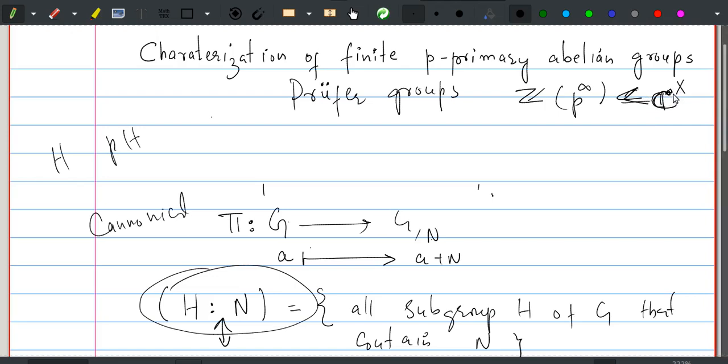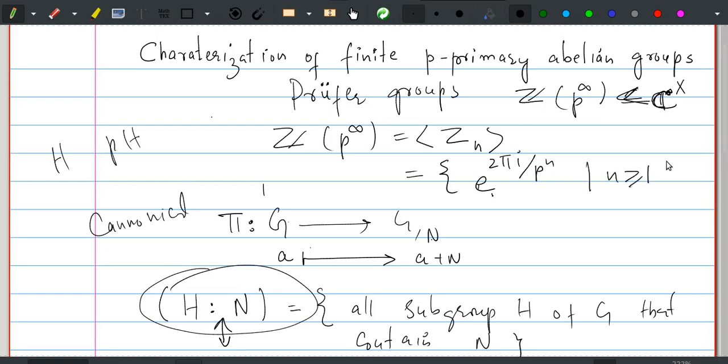This is a multiplicative group of non-zero complex numbers. So this Z p infinity is actually the union of the cyclic groups Z n, which contains all those complex numbers which are of the form e to the 2 pi i over p power n, where n is bigger or equal to 1.